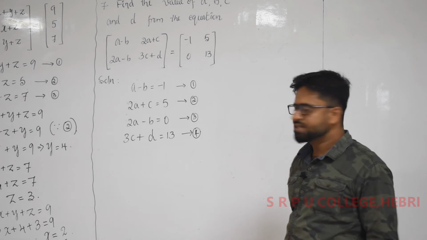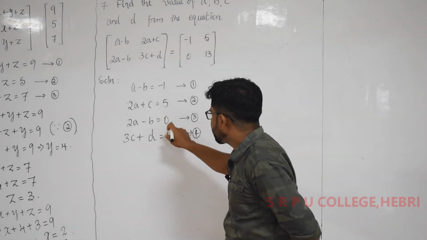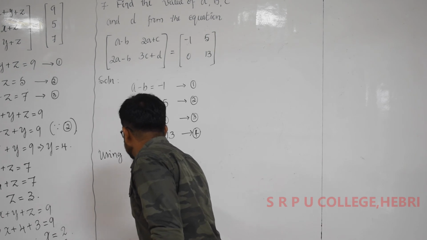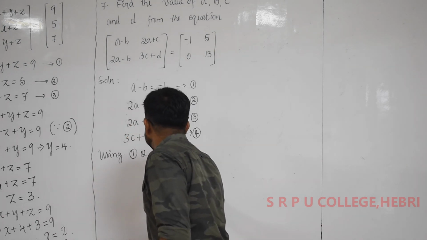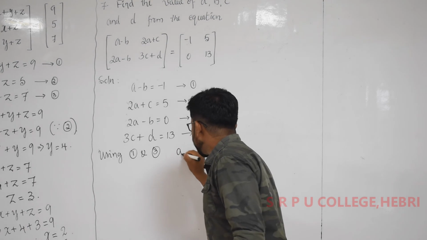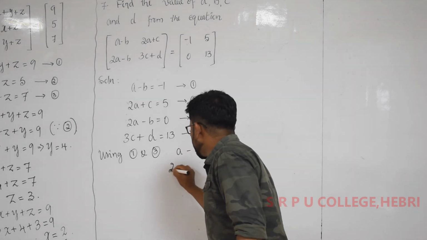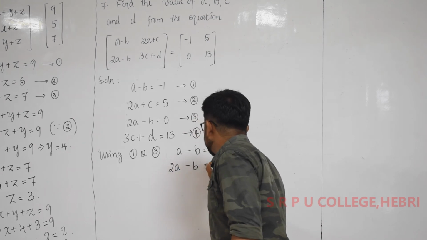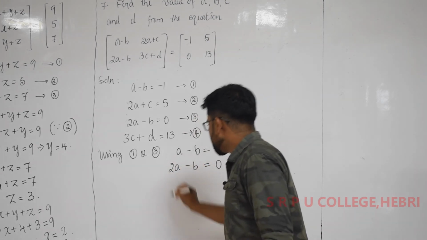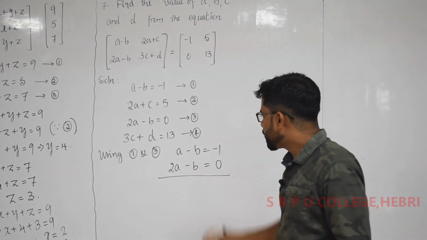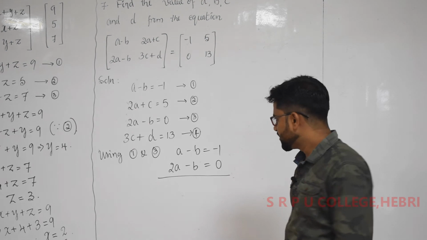Now let me consider equations 1 and 3. Equation 1 is a minus b is equal to minus 1 and equation 3 is 2a minus b is equal to 0. In order to cancel any one unknown, we need to subtract here.